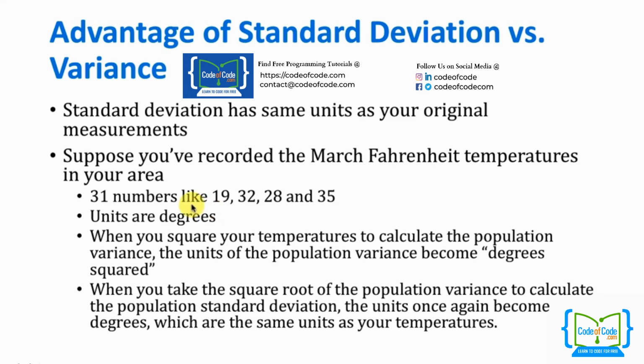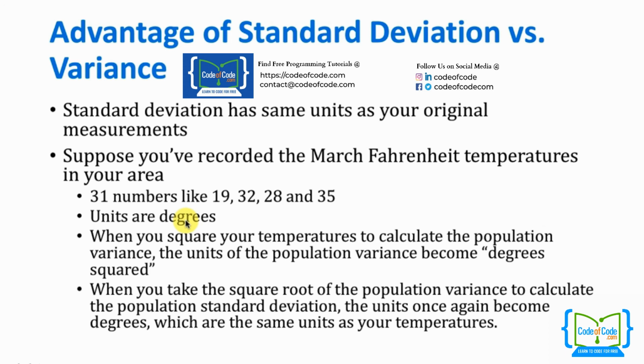But in any case, the unit of measurement for these temperatures is degrees, and when you're working with the variance, the unit of measurement becomes degrees squared, because you're actually calculating squares of the differences between the temperatures and the average temperature. So even though those initial measurements are in degrees, when you square the value, you now have degrees squared.